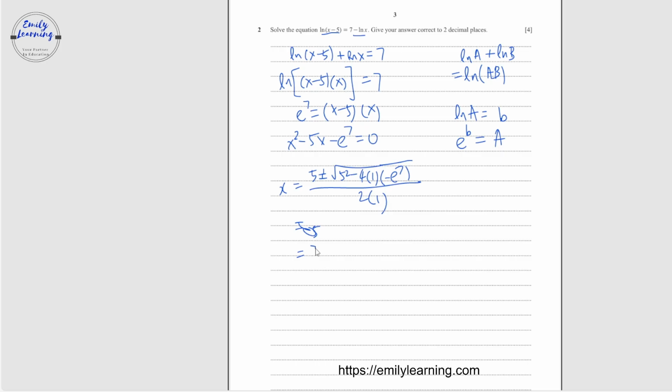So I'll get 35.709 or negative 30.709. Rounding off to 2 decimal places, I have 35.71 or negative 30.71.